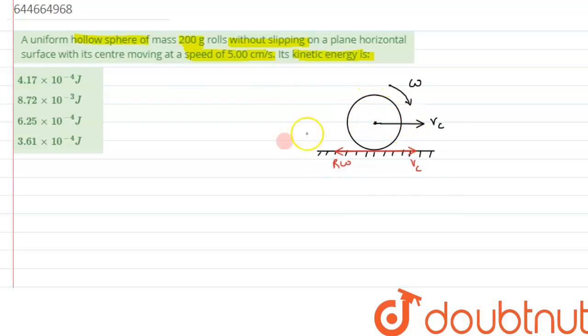So first let's try to understand what exactly is the meaning of rolling. Rolling is a combination of translational motion and rotational motion. Combining these two motions, we get rolling motion. Here we can see the hollow sphere is translating as well as rotating.